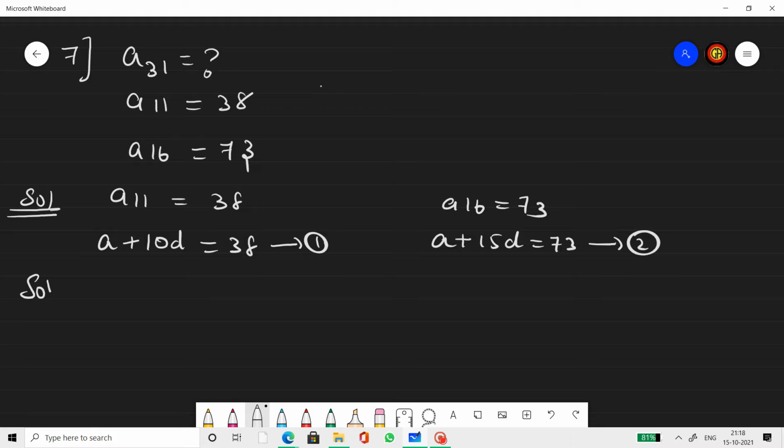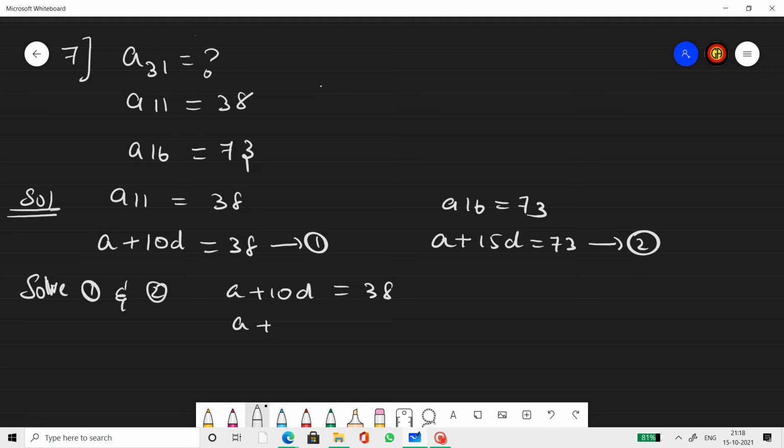Now solve this equation by any method of the way we solve simultaneous equations, either substitution, elimination or cross multiplication. But the best way is always elimination. So I'm solving 1 and 2 by elimination method. A plus 10D equals 38.